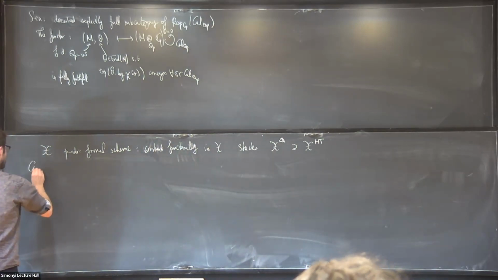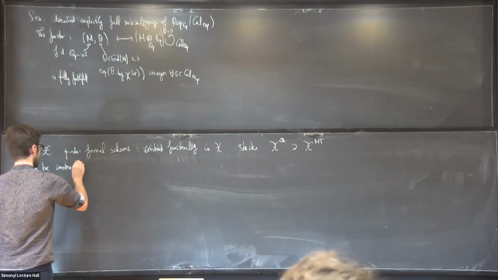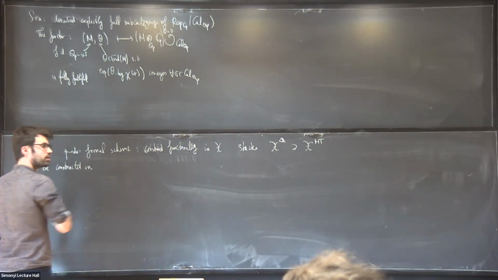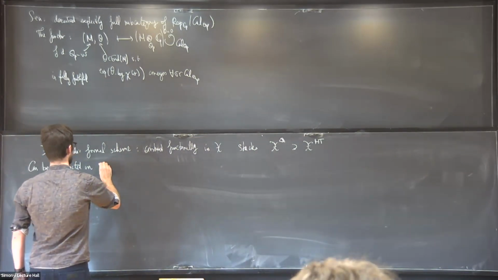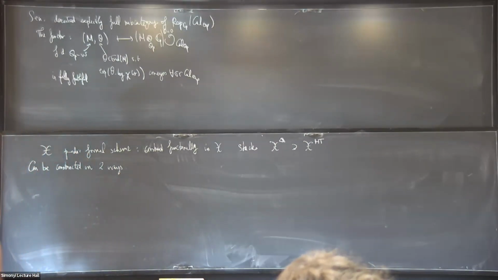And let me briefly recall that you can think of that construction in two ways. Here the formal scheme is not necessarily smooth, but I will very soon specialize to the smooth case.